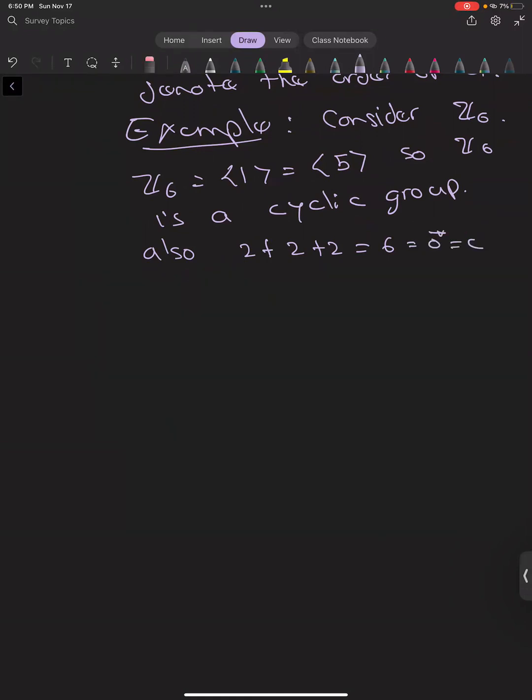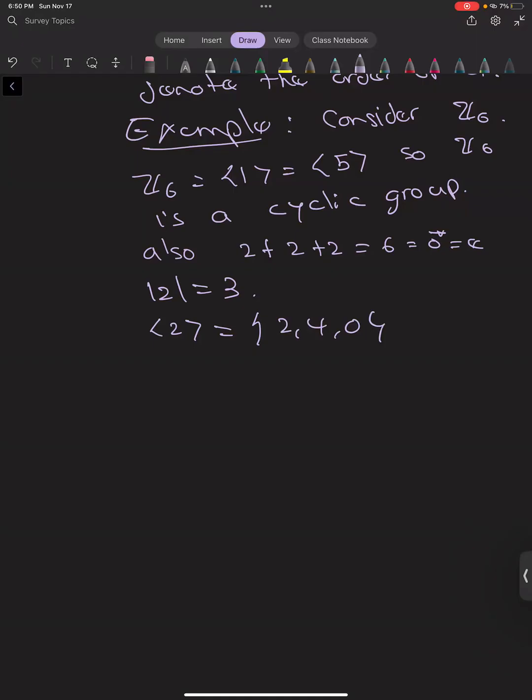This is the E of this subgroup. So the order of 2 is 3. And the subgroup generated by 2, we already did this, is 2, 4, and 0.